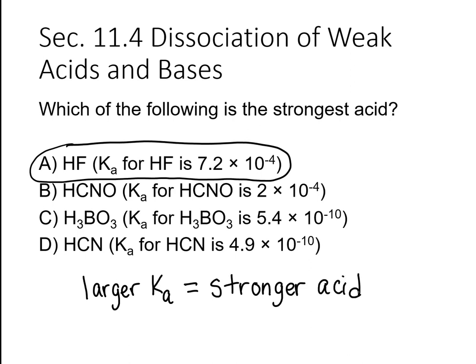So what you're looking for in the lineup is the largest number. If you're just looking at the exponent, it's going to be something times 10 to the minus 4. And then you look at 7.2 versus 2. So this one, 7.2 times 10 to the minus 4, is the largest Ka out of the bunch.